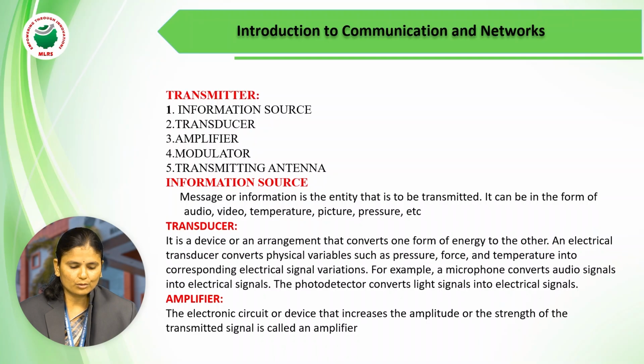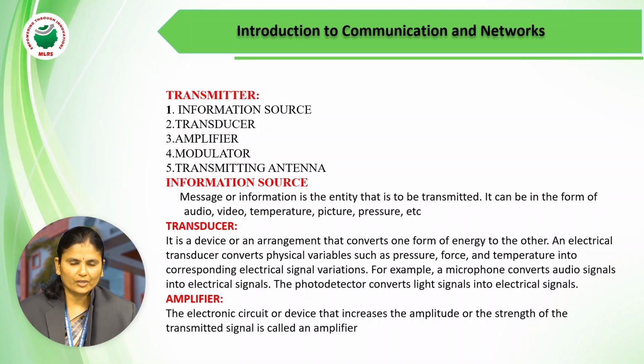The information source means the message or information to be transmitted, and this information is given to the transducer. The transducer converts one form of energy into another. An electrical transducer converts physical variables such as pressure, temperature, force into electrical signal variations.